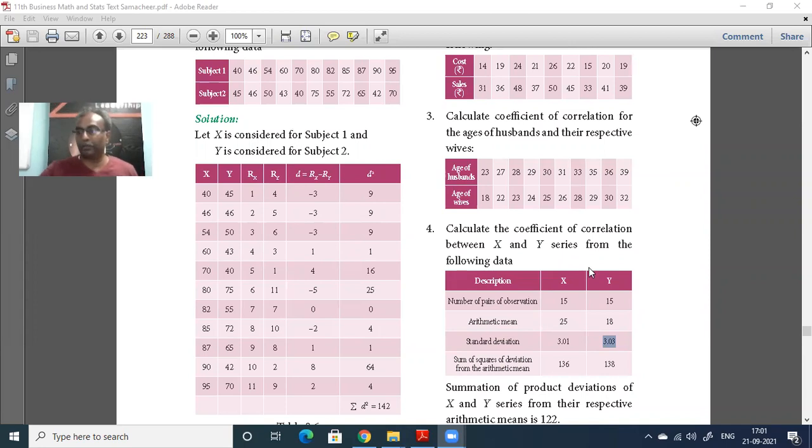Okay, calculate the coefficient of correlation between X and Y series from the following data.